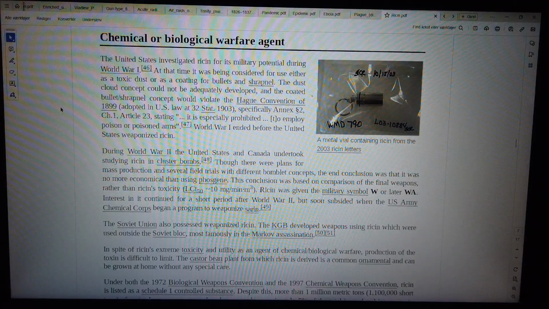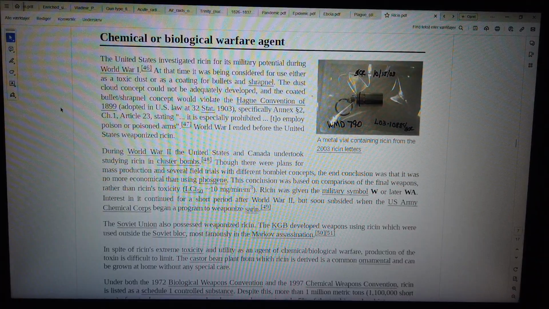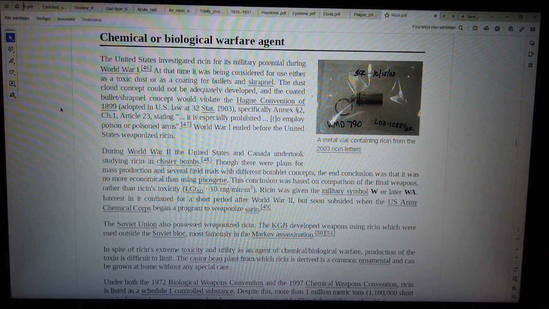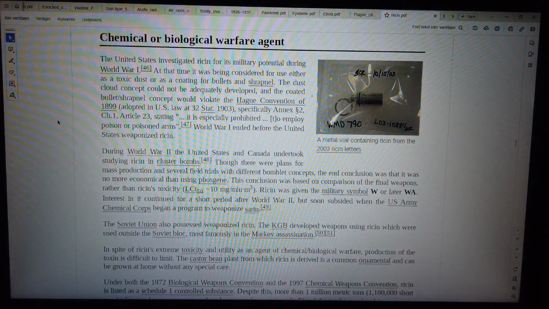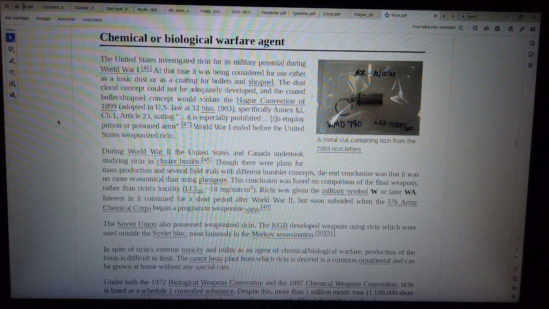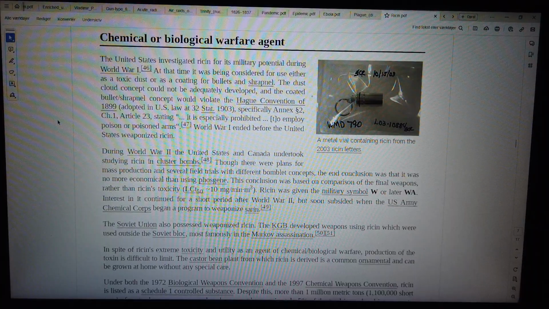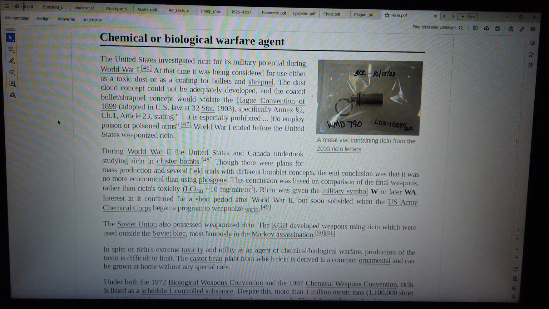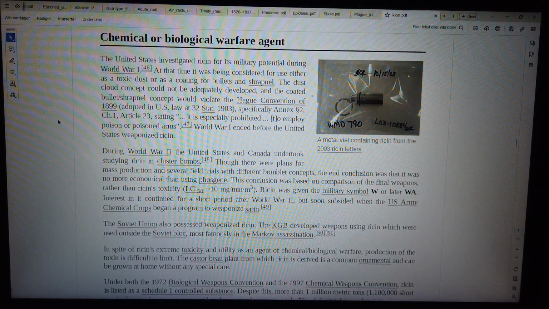The dust cloud concept could not be adequately developed, and the coated bullet/shrapnel concept would violate the Hague Convention of 1899, adopted in U.S. law at 32 Stat 1903, specifically Annex 2 Chapter 1, Article 23, stating, "it is especially prohibited to employ poison or poisoned arms." World War I ended before the United States weaponized ricin.